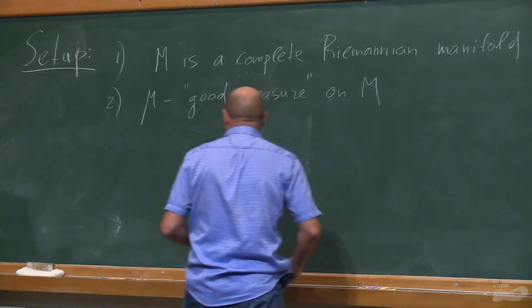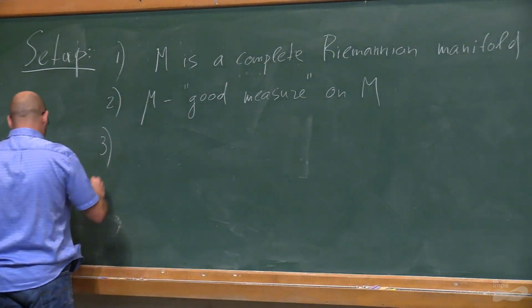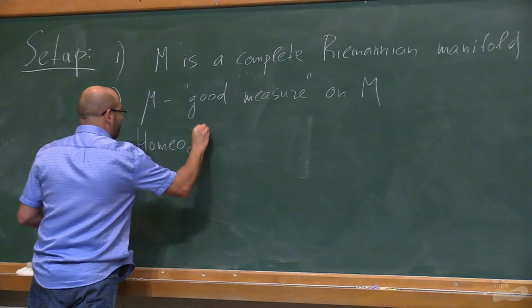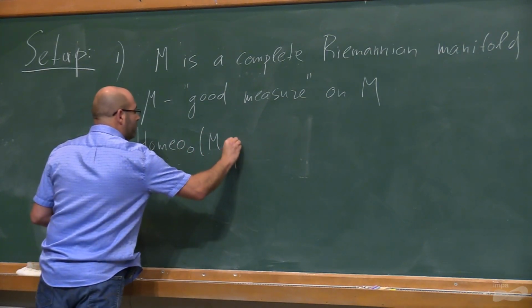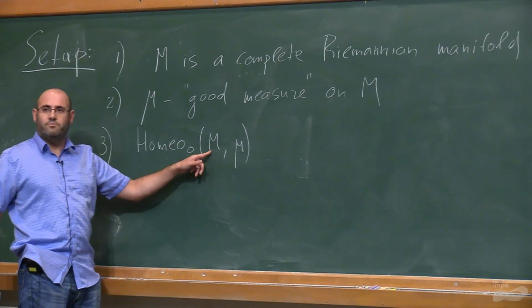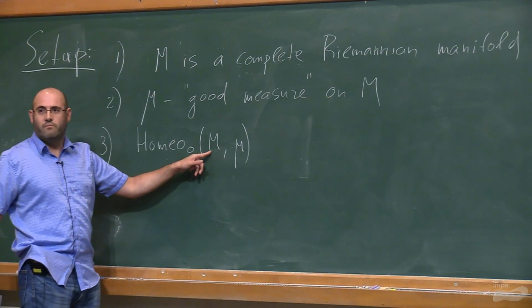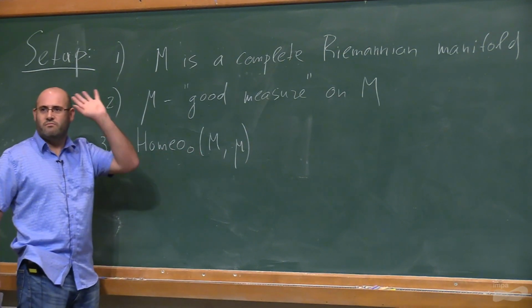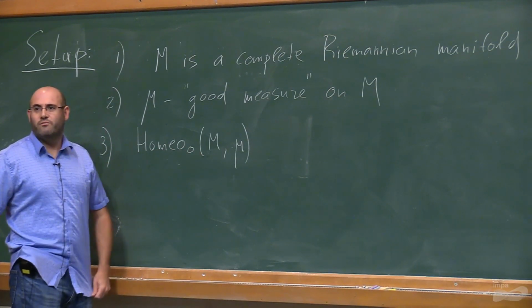And three, Homeo_0(M, mu) is the identity component of measure-preserving homeomorphisms of M. You can ask me, of course, what's the topology of it, but any topology you put will be fine for us.